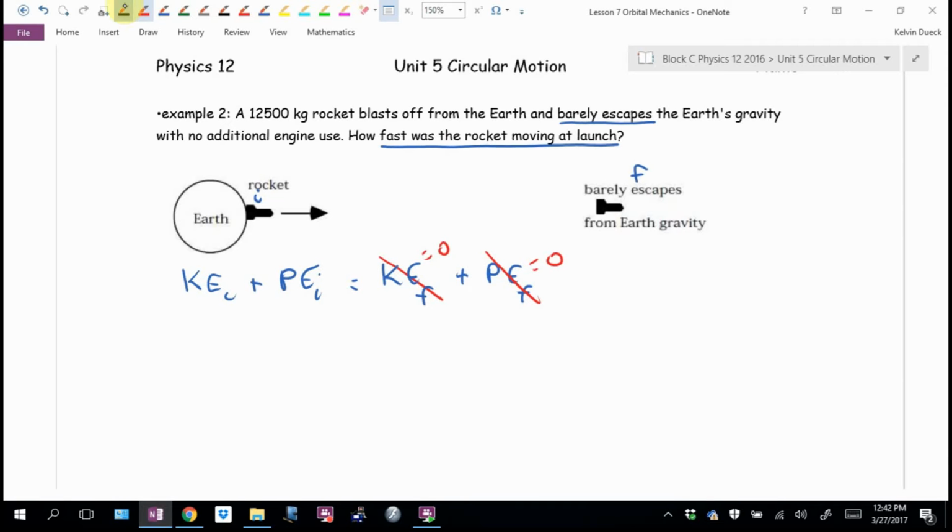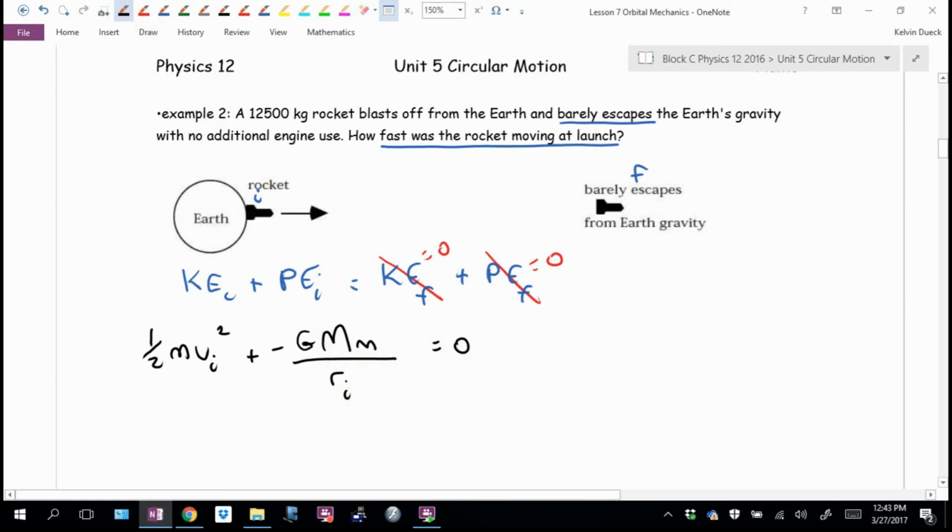We get this. Kinetic energy hasn't changed since physics 11. It's still a half mv squared. I guess v initial squared. Plus, can't use mgh because we're going cosmic. Negative big G, big M, little m, all over R, not final, initial.